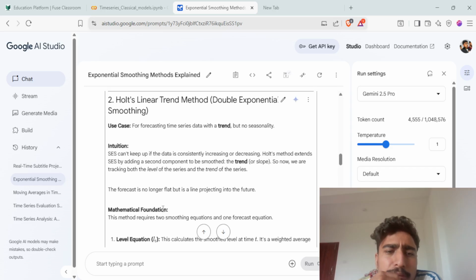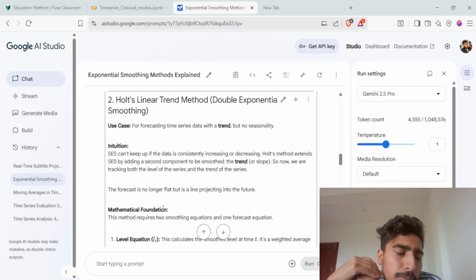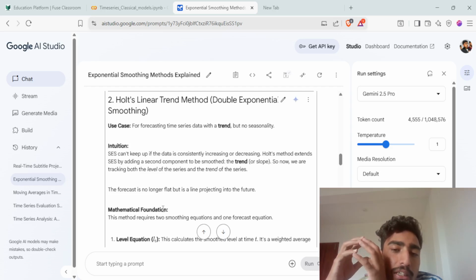SES can't keep up if the data is consistently increasing or decreasing. Holt's method extends SES by adding a second component to smooth the trend. How Holt's linear trend method differs from SES is that it has another component, the trend, and that's the only difference between them.